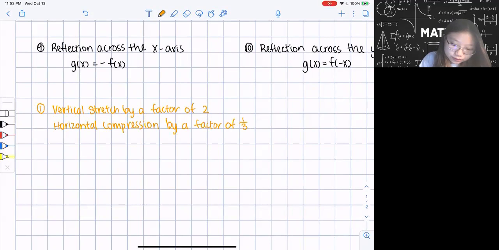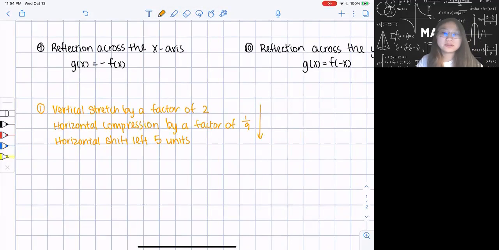Then I'm gonna do a horizontal shift left 5 units. Okay, I'm not gonna do 1/3 because we already did that before, so I'm gonna do 1/9. So let's just have those three first, and then they go in the order, right?